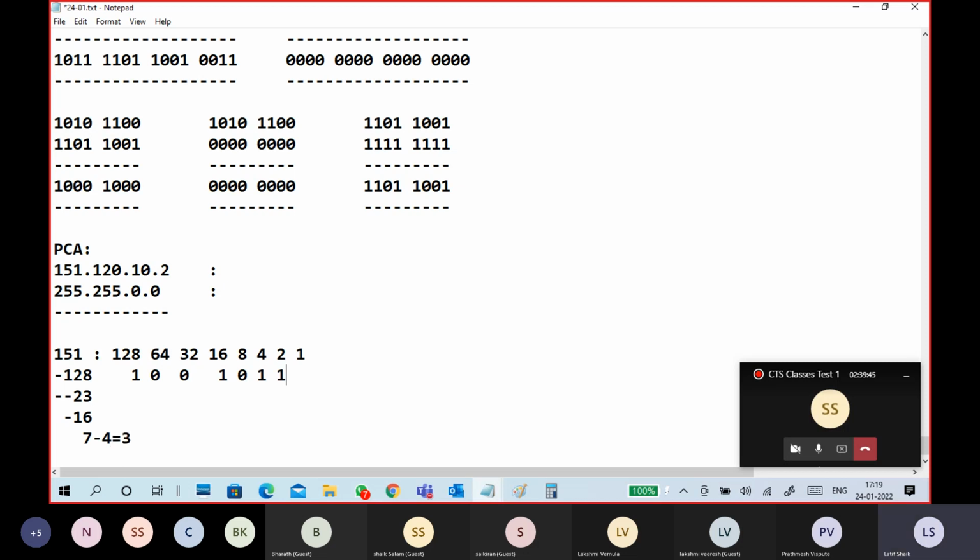Now 3 compared to 2: 3 is bigger, 3 minus 2 is 1. So the last bit is 1.